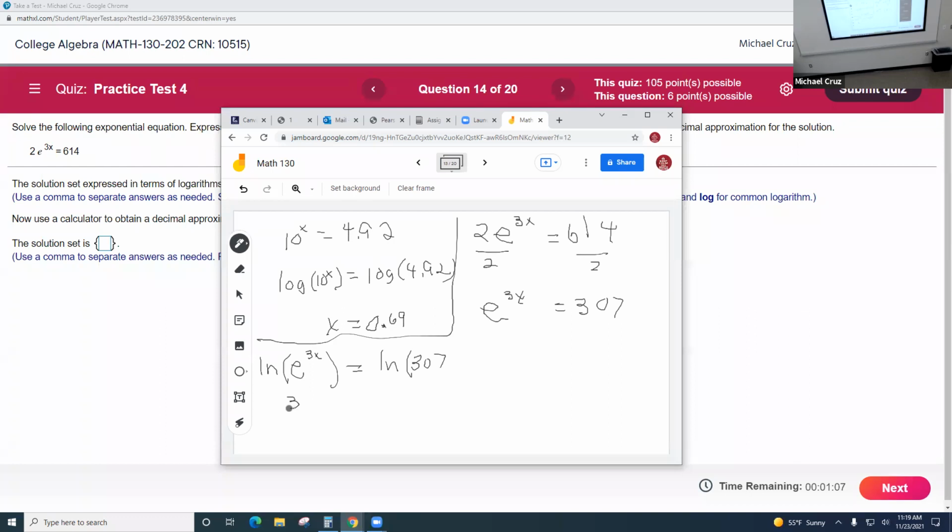So 3x is equal to ln 307, where x is equal to ln 307 divided by 3.